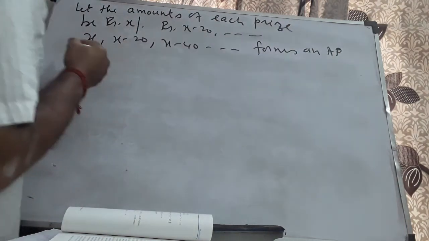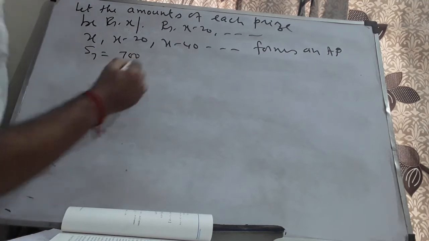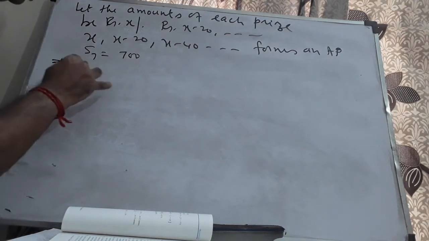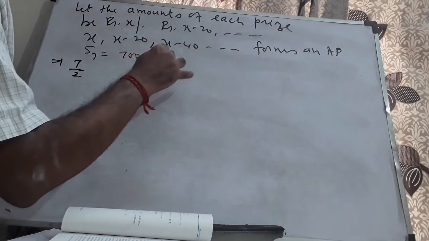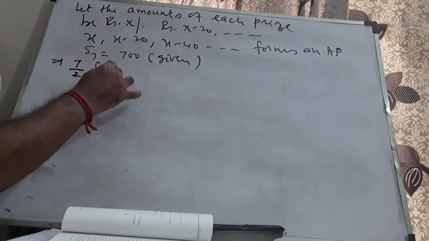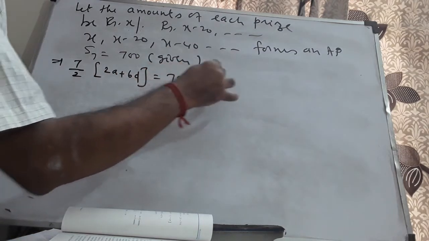Now, the sum of the prizes is equal to 700. The sum of 7 terms of this sequence is 700, which is given in the question itself. Therefore, 7 by 2 into 2a plus 6d is equal to 700.